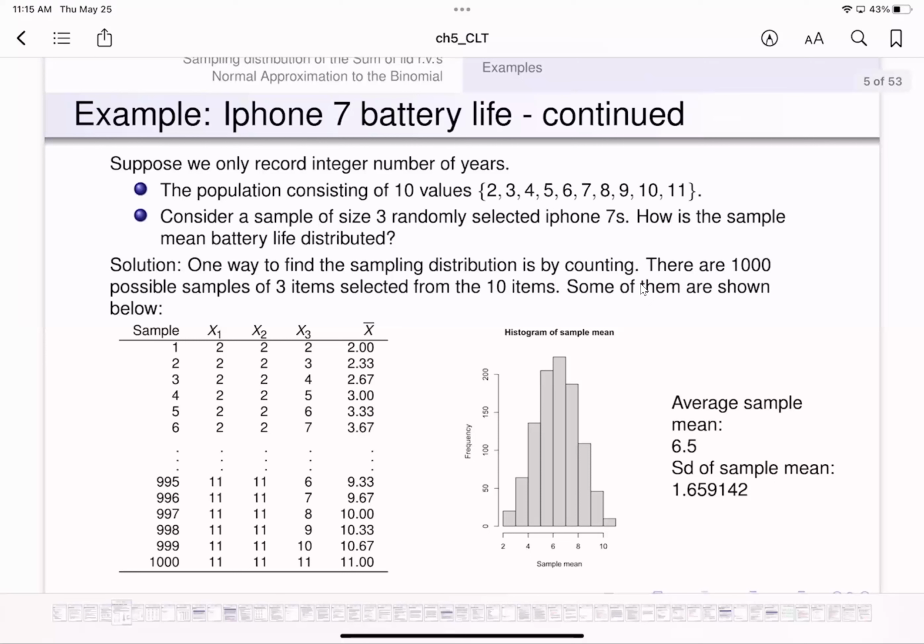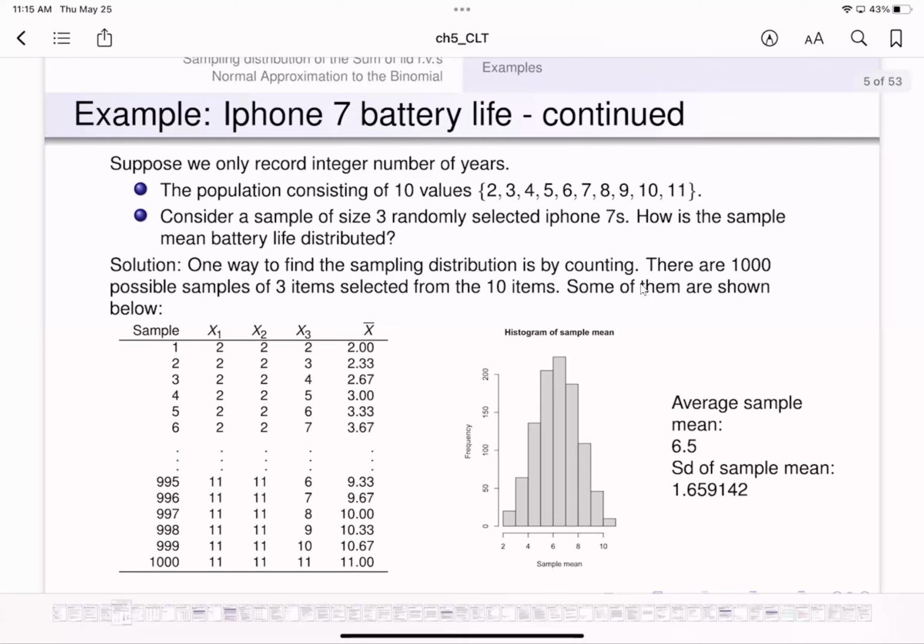So when I generate one sample, I take one value out of those 10 numbers for that customer. For 3 customers, I take 3 values, each one out of these 10. That gives me these different possible scenarios of generating samples for 3 customers.